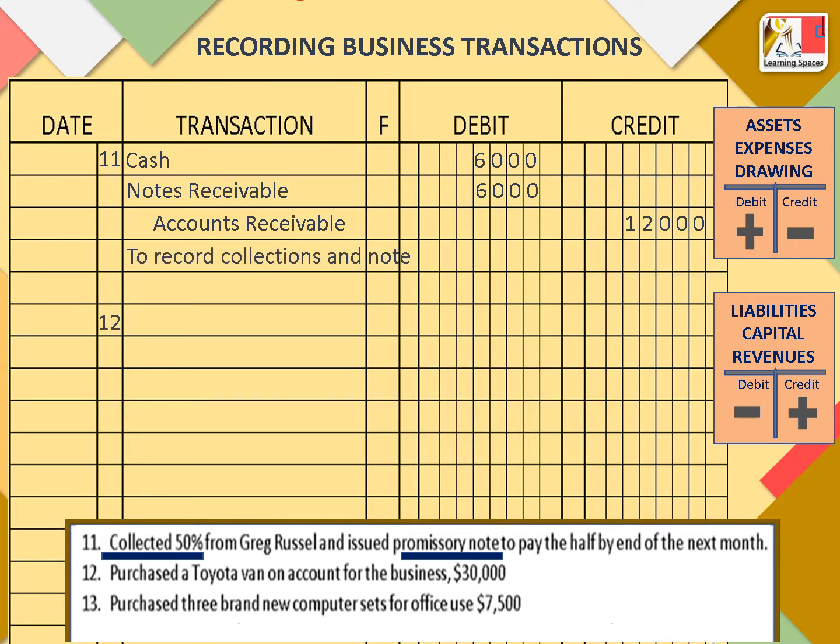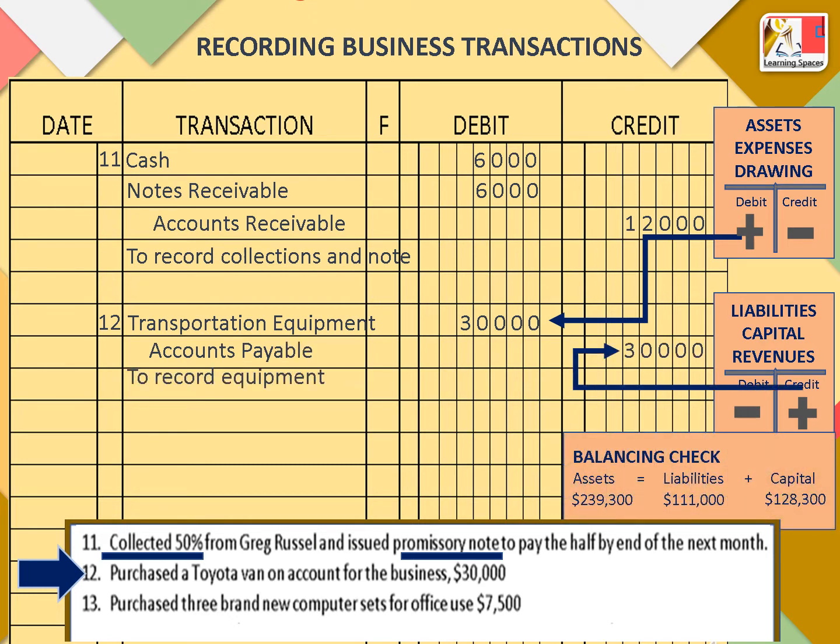Moving now to March 12, the purchase of a Toyota van will increase an asset account called Transportation Equipment for a total purchase cost amounting to $30,000 on the debit side. The statement clearly says, on account, or is not yet paid. Therefore, on the credit side, we shall recognize a liability, in the form of accounts payable, amounting to the same amount of $30,000.